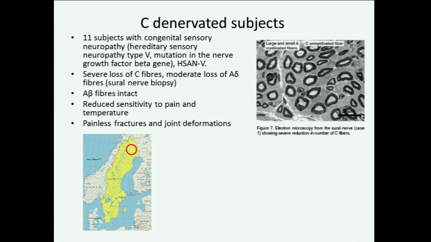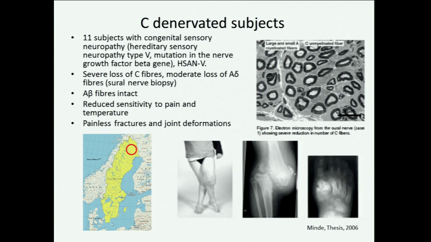And clinically, they suffer from a reduced pain sensation, so they burn themselves, and they have a lot of joint deformations. I think that's the main problem. It's called Charcot joints.